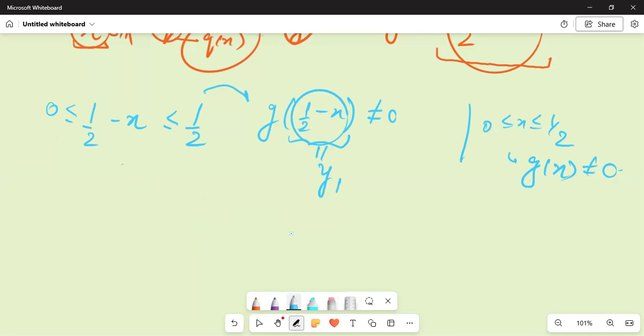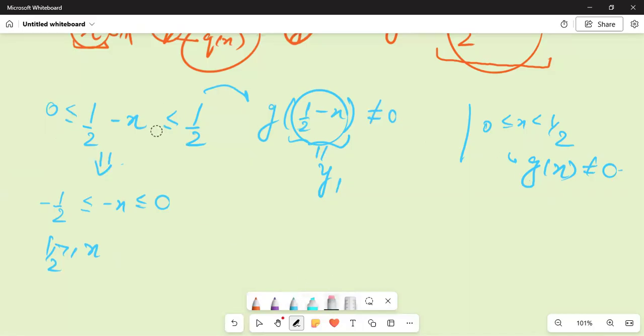Now, what values are we getting for X using this? When you multiply with the negative sign, you get the inequality reversed. In this case, G is non-zero when x is not half, because when x is half, G is 0.